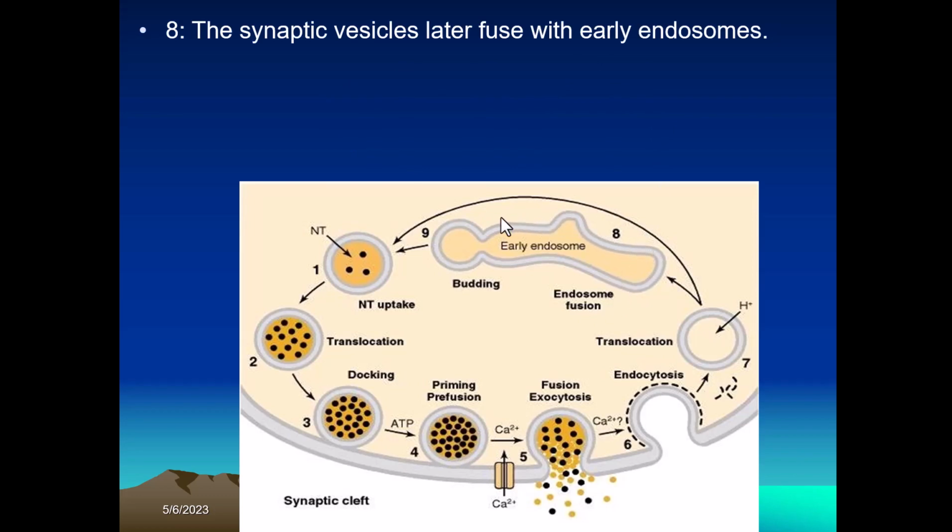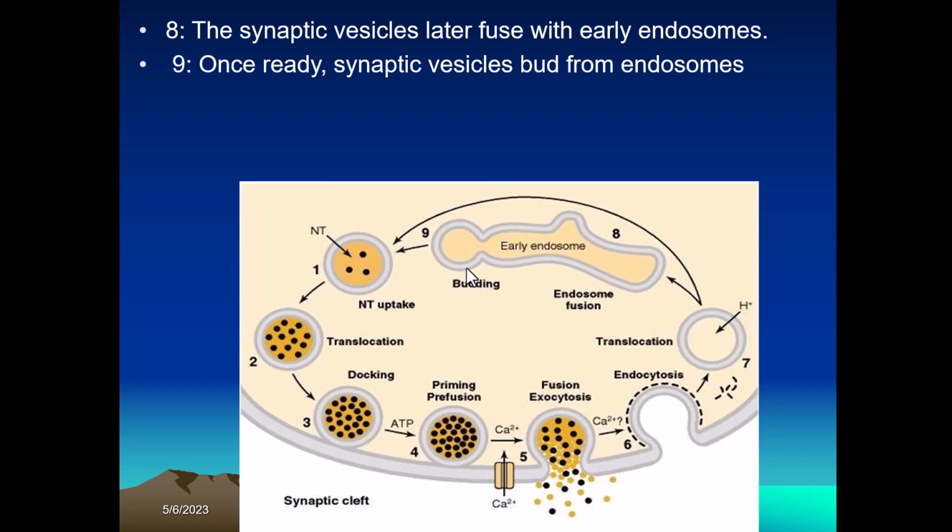This is a structure present in the neuronal end, which is called the endosome. When the vesicle is fully synthesized and ready, it is detached from this endosome, and then it is recycled, reloaded with acetylcholine, and passes through the same mechanism as we discussed in the previous lecture.